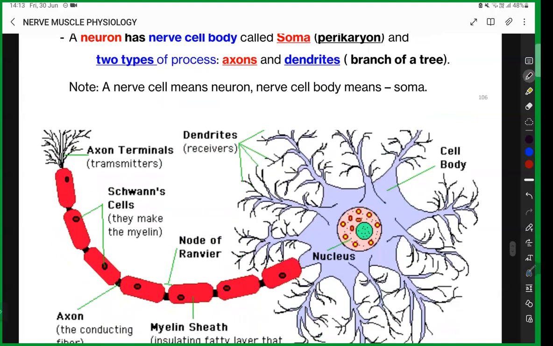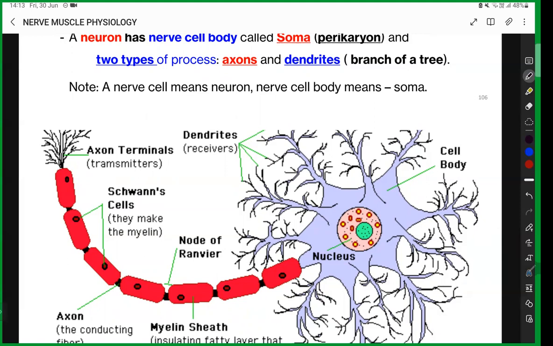If you can see in this picture, the central thing is called the nucleolus. Then you have a cell body, that is your soma. From there you have the branches like a Christmas tree, isn't it? That is called dendrites. Then you have a tail-like structure called the axon.